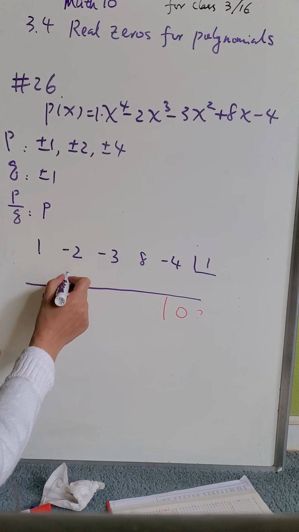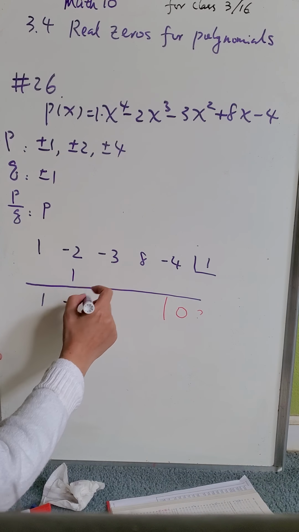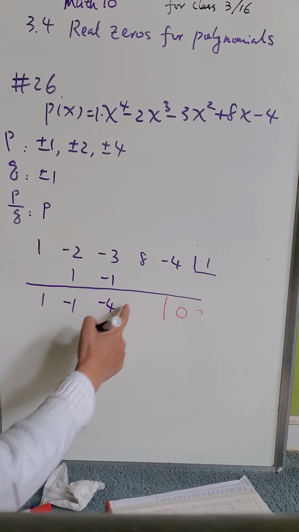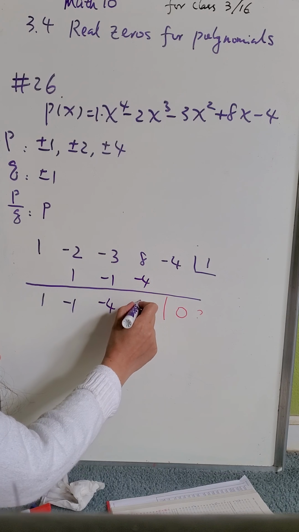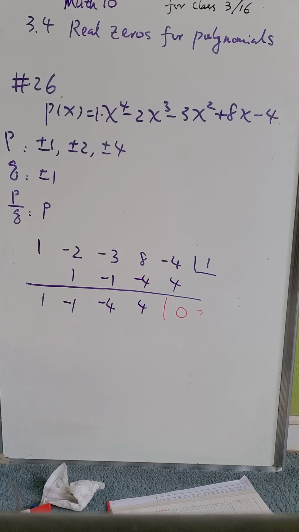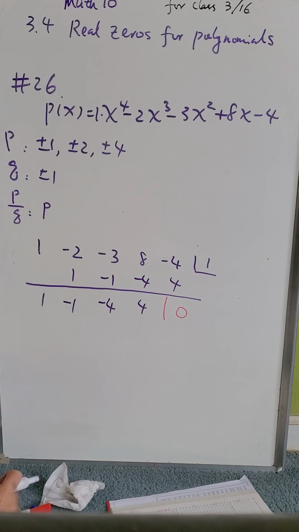So 1 times 1 is equal to 1. Add together is minus 1. And then minus 1 here, so it's negative 4, and then 4, and then 4. So I get 0. That's okay, so I take away my question mark.